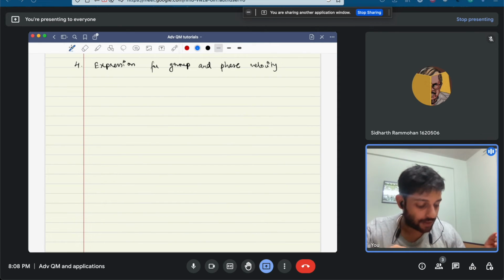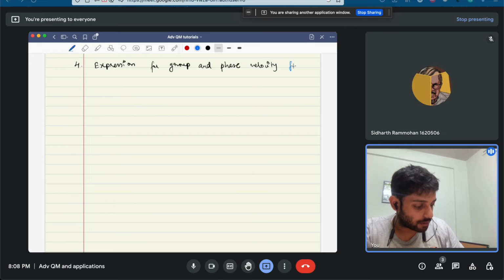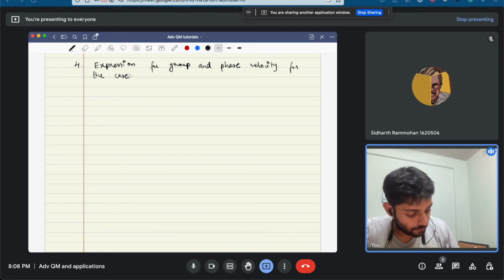So in order to find the expression for group and phase velocity, it's essentially for, let's say, the case of a free particle.